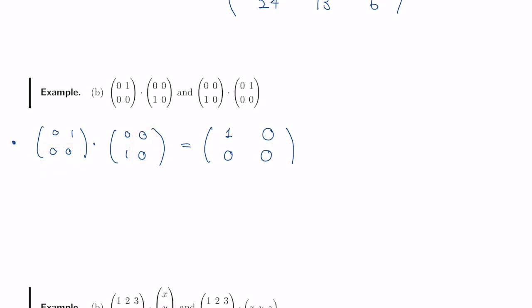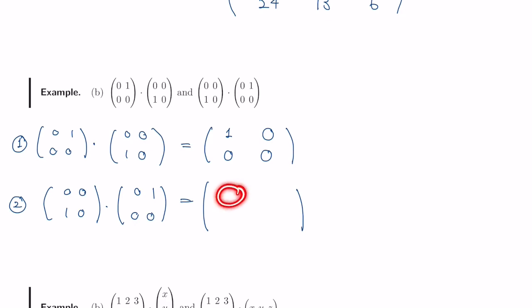How about the other one? The other one, okay, let me call this the first one. The second one, it's very similar. Basically, you swap them, okay? You swap them. And then we perform the identical operation.